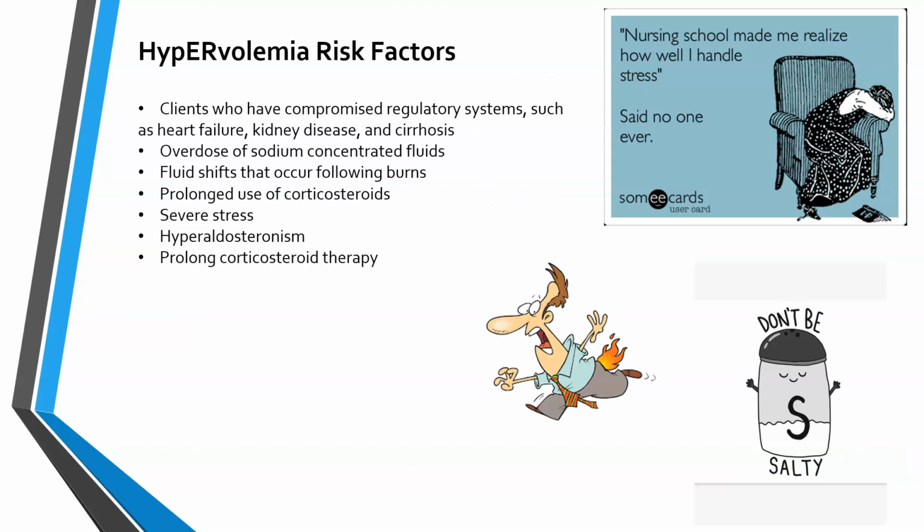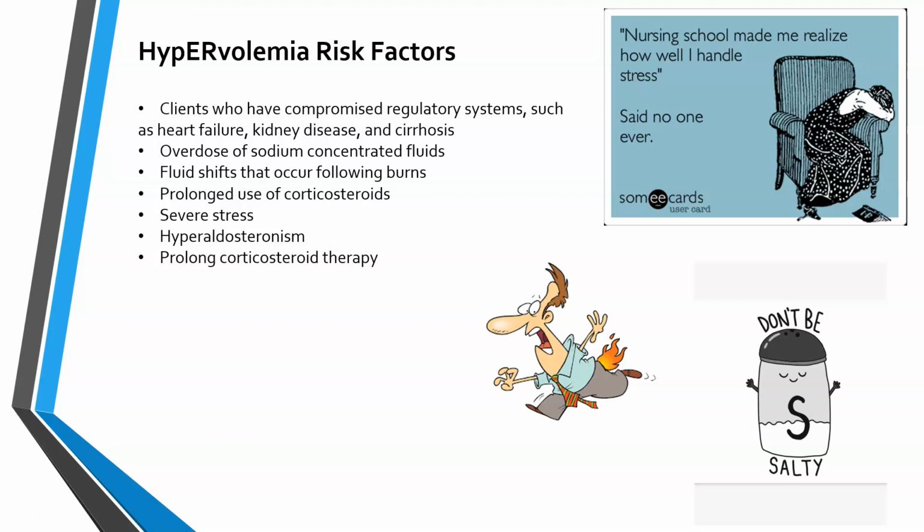So some of the risk factors for hypervolemia can be for those who have compromised regulatory systems such as heart failure, kidney disease, and cirrhosis, overdose of sodium concentrated fluids, also fluid shifts that can occur following burns, prolonged use of corticosteroids, which is also the same as prolonged corticosteroid therapy, severe stress, and hyperaldosteronism.